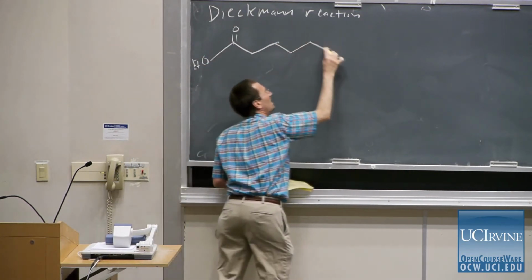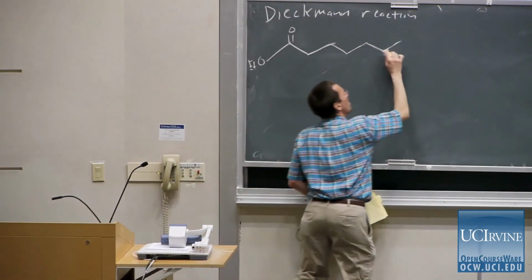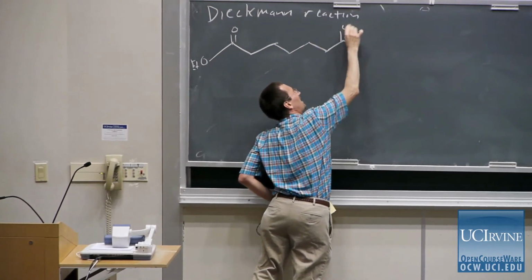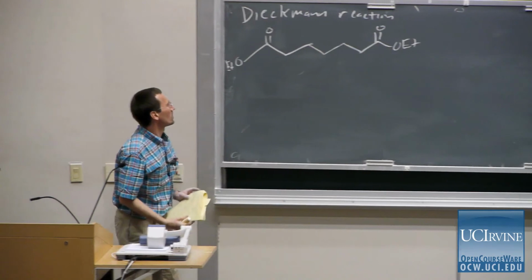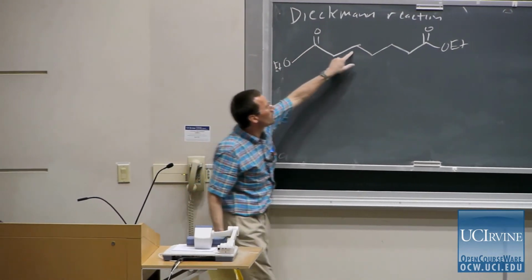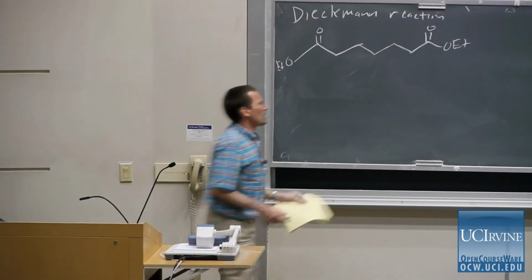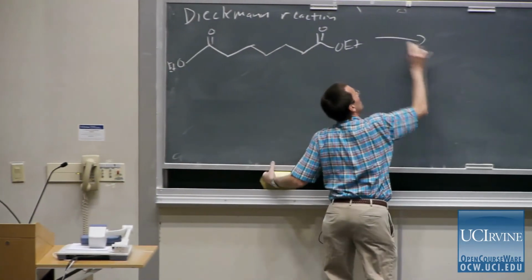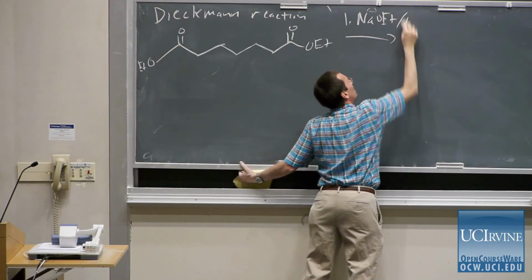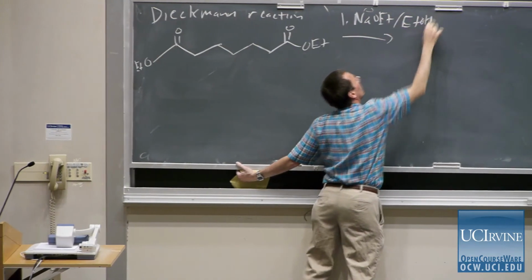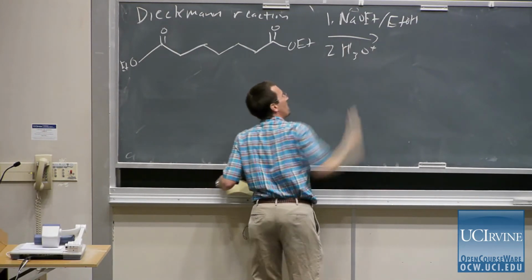So I'm going to take the diethyl ester of the 7-carbon dicarboxylic acid. I want to show this to you in the forward sense. We'll see this in the reverse sense in a moment. So 1, 2, 3, 4, 5, 6, 7. And we'll envision treating it with our now favorite conditions of sodium ethoxide in ethanol and aqueous workup with some acid.